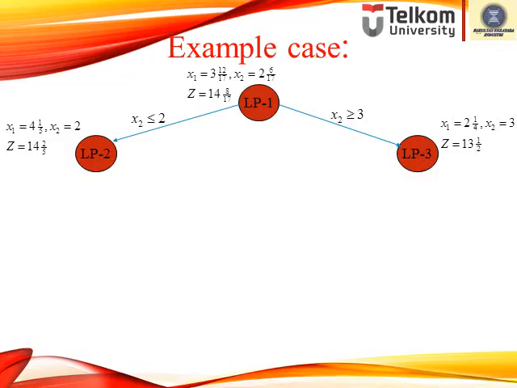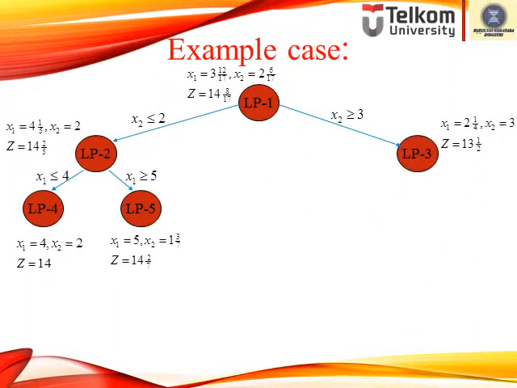The x2 in LP2 is 2, and in LP3 we have x2 as 3. Then we find z and x1 of LP2 and LP3 is not an integer, so we will try to find it again.